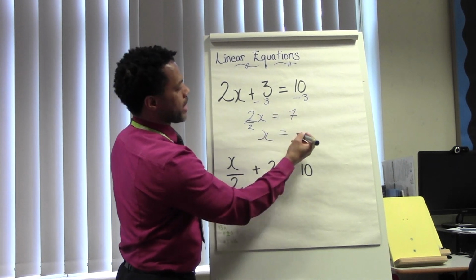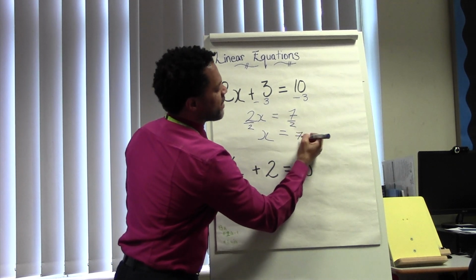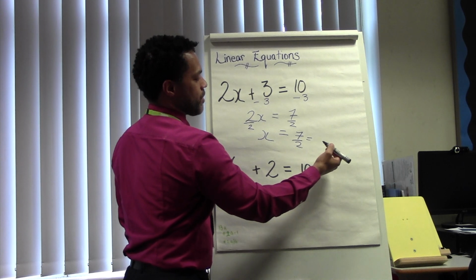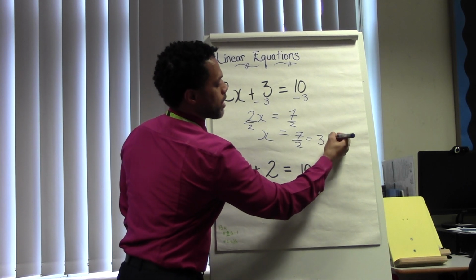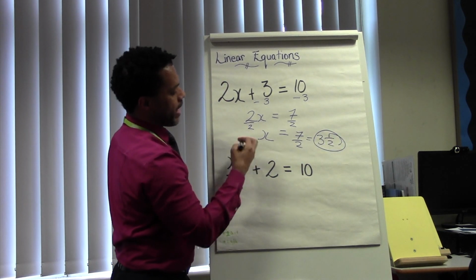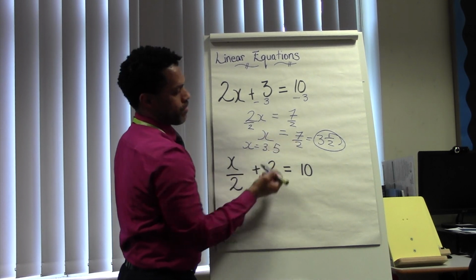And what I do to this side, I'm going to divide this side by 2. I can kind of leave it at 7 over 2, or I can work it out: 2 goes into 7 3 times. So 3.5. So x is equal to 3.5.